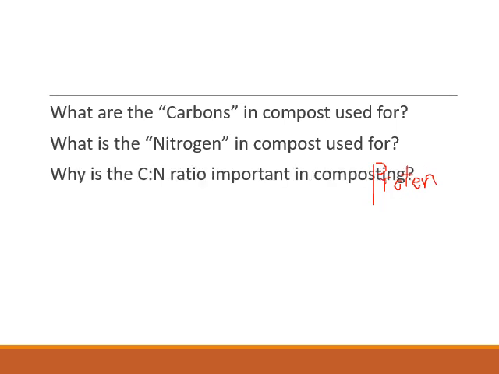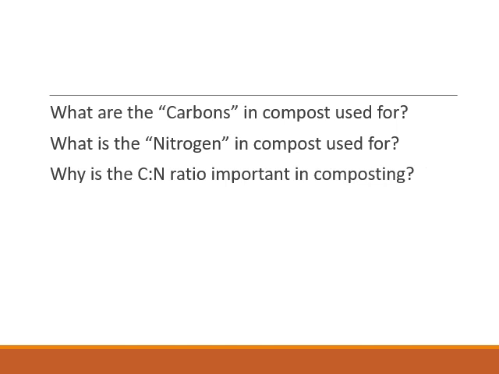And the ratio, why is it important? Because we need enough nitrogen to make protein, but we need lots of carbohydrates. If we have too much of one, then the organisms slow down and we don't get a hot enough environment. If we have too much nitrogen and not enough carbon, we encourage the growth of the wrong kind of bacteria, and we end up losing nutrients out of our compost.